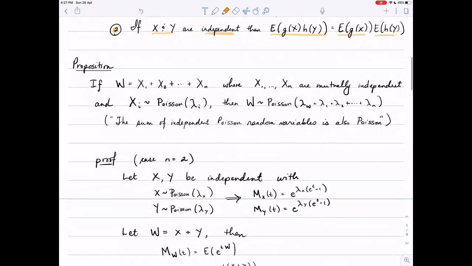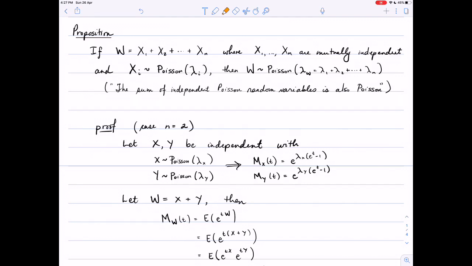So here's our first case. This proposition: if w is a simple sum, right, so this h of x1 to xn is just this simple sum of variables x1 through xn, where those variables are mutually independent, and furthermore, if each of those variables is a Poisson random variable, where the ith variable has parameter lambda i, then w itself also follows a Poisson distribution with parameter lambda of w that is the sum of the parameters of the x variables.